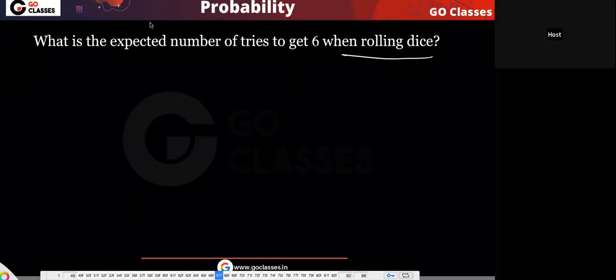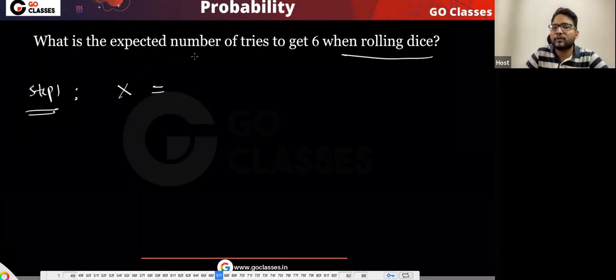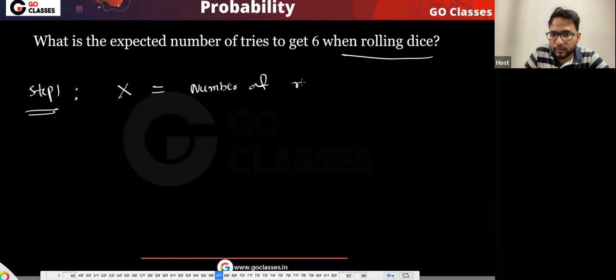So basically, whenever they ask the expectation of any general problem, the first step is that you make a random variable X equal to whatever they have asked. What they have asked? Expected number of tries to get 6. So X equals number of rolls to get 6.